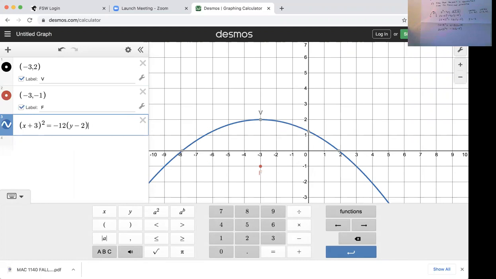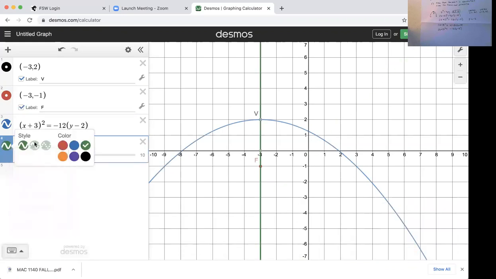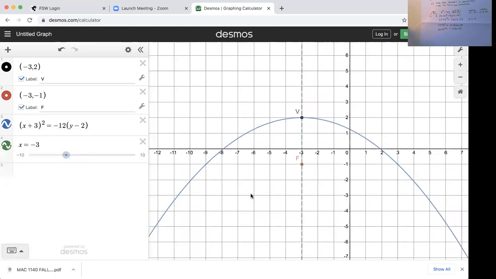How about the axis of symmetry? What's cutting this in half? It's parallel to the y-axis, so it's this line right here. That is the vertical line going through the vertex and the focus. That, of course, is x equals -3. That's our axis of symmetry that we can see here.